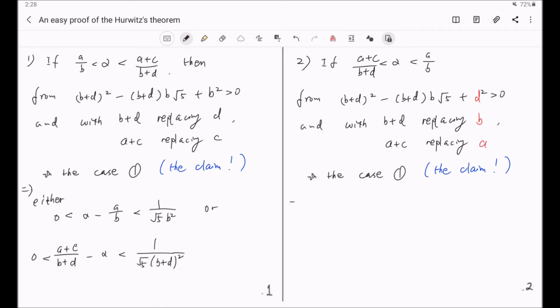And the conclusion we can get from this situation is that either alpha minus a plus c divided by b plus d is less than 1 over (b plus d) squared times square root of 5, or c divided by d minus alpha is less than 1 over d squared times square root of 5. And of course, left-hand sides are greater than 0.